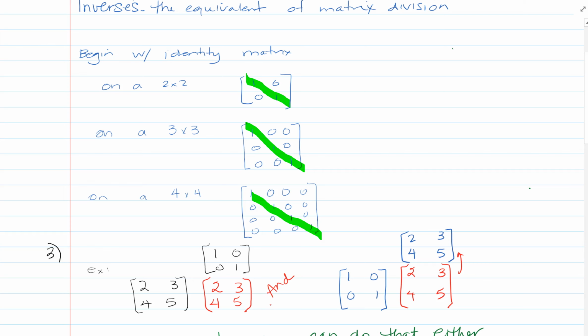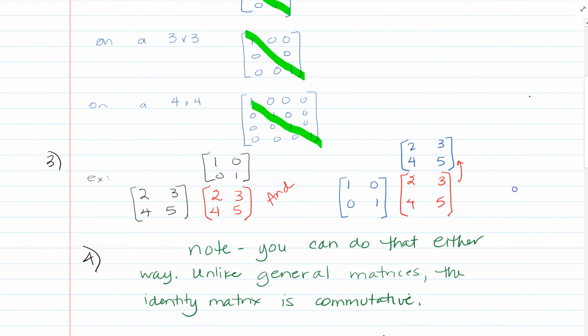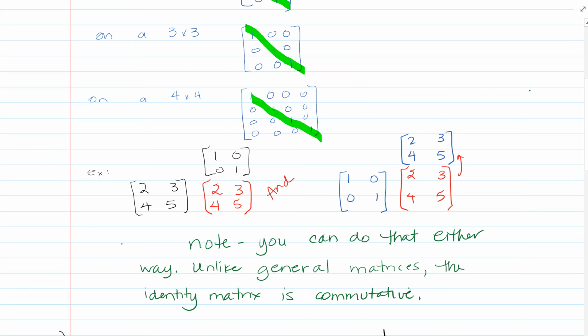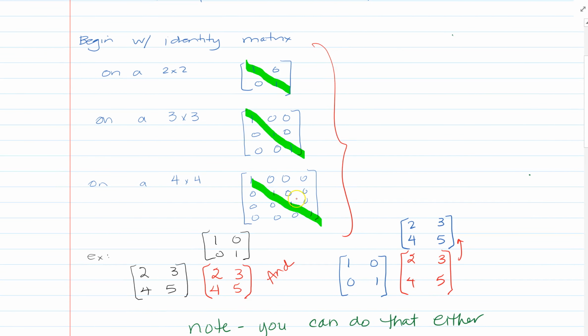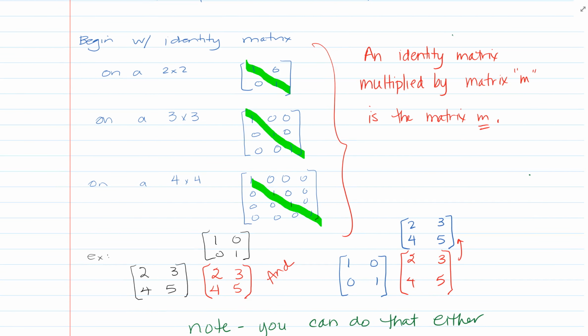So what's really odd is this, so please make note of this. You can do that either way. Unlike general matrices, the identity matrix is commutative. So if you take any identity matrix, let me write that down: an identity matrix multiplied by matrix M is matrix M, and it's commutative.